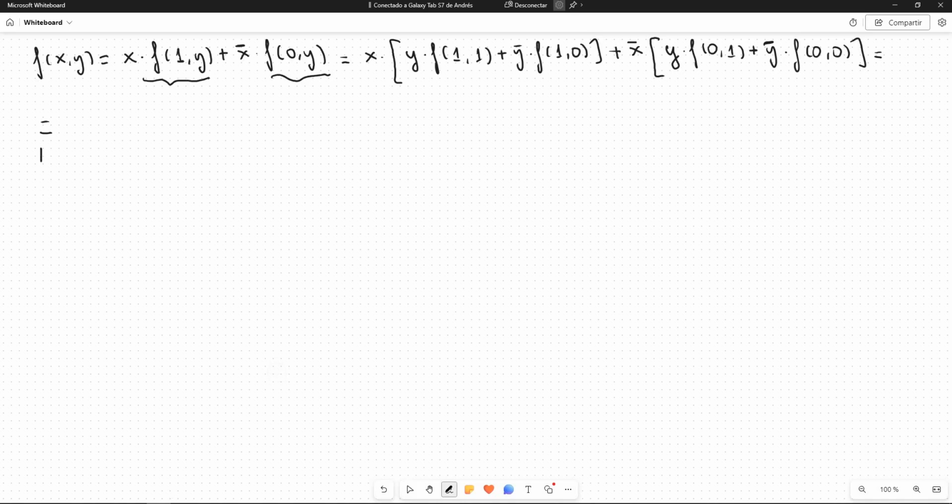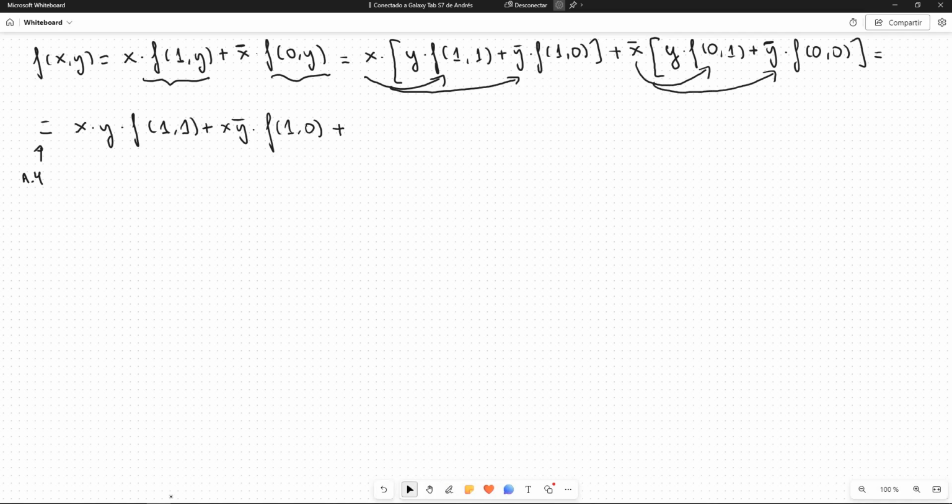If we apply the distributive property, that is axiom 4, if you check it, we can have x multiplying this and this. So we have x multiplied by y and the function evaluated in 1, 1, plus x multiplied by y negated and the function evaluated in 1, 0, and negated x multiplying these terms, just the distributive property.